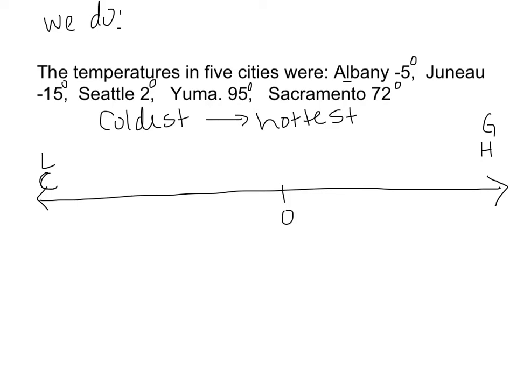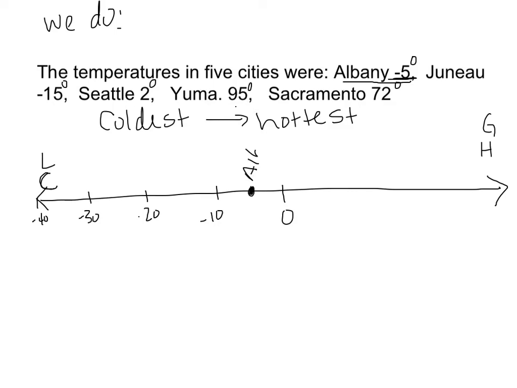I would just start by plotting them out. Albany at -5. With that 95 in there, I'm going to count by tens. 10, that's -10, -20, -30, -40. And -5 is going to be right there.